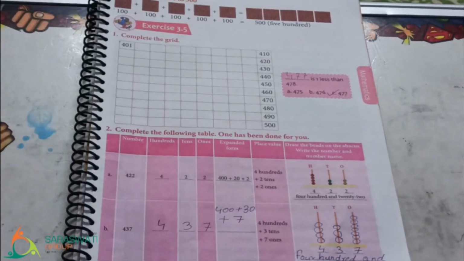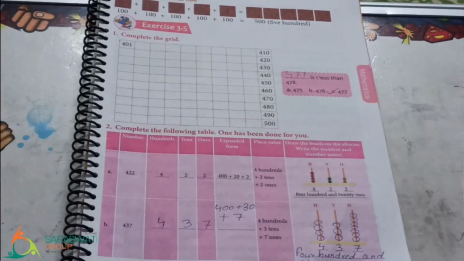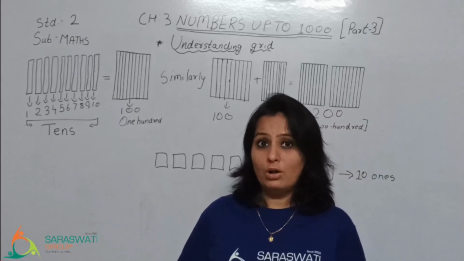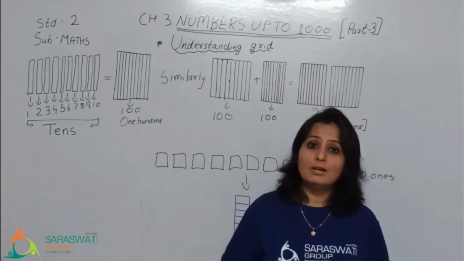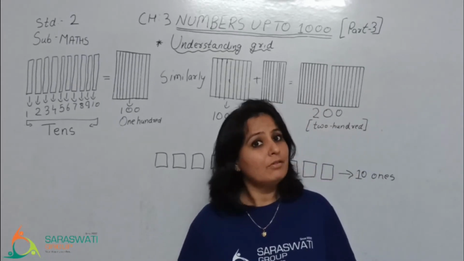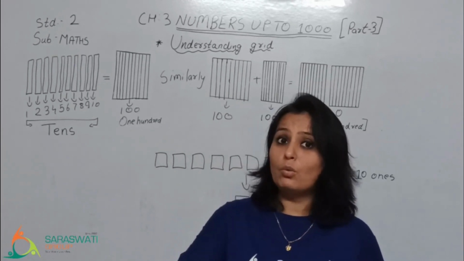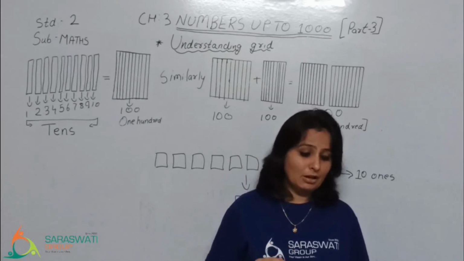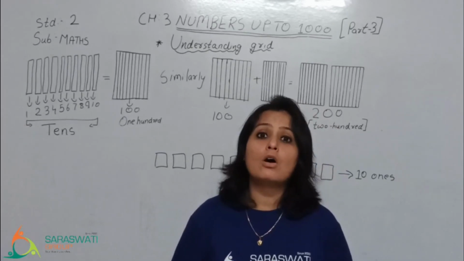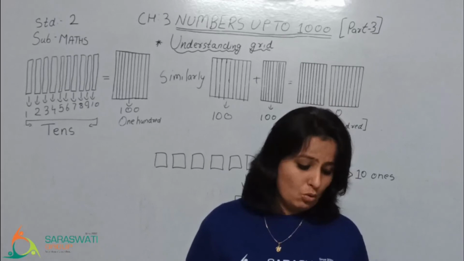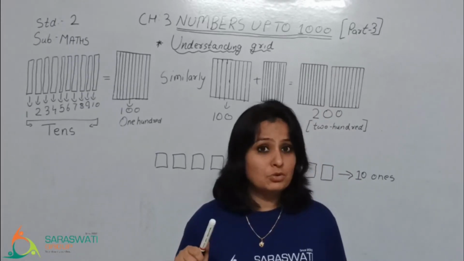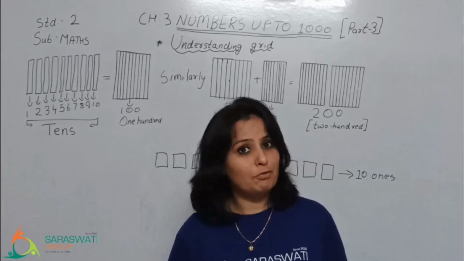After this, one more question is there that you have to solve by yourself. Children, now I hope you are clear with all the types of grids that we have done and the exercises that we have solved. I have already told you what the homework is, but let me give you a recap. You have to solve exercise 3.2, question number 1, question number 2, few sums, and question number 3, few sums.